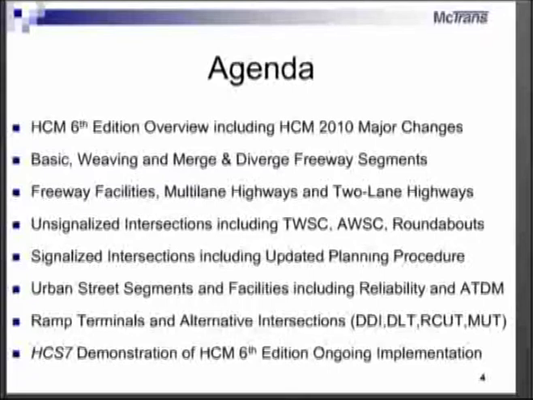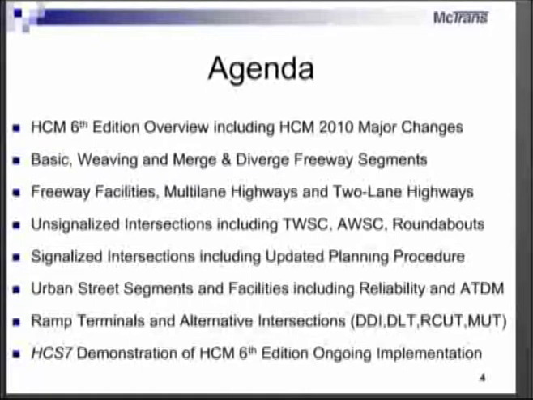We'll look at, I don't know if I have slides on the planning procedure, but I'll give you some hints about the planning procedures being interjected in the manual in the 6th edition. Then we'll combine signals into urban streets and urban street segments into facilities, including something called travel time reliability and ATDM, which also affects freeway facilities.